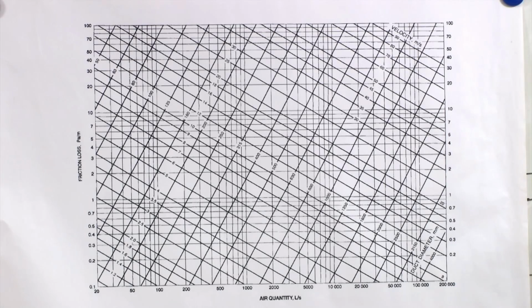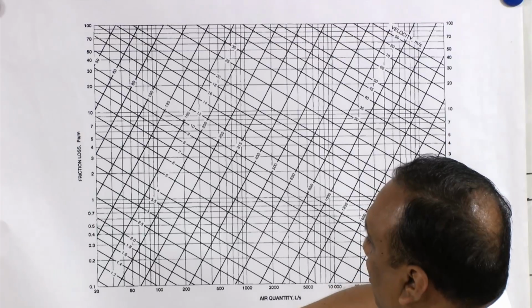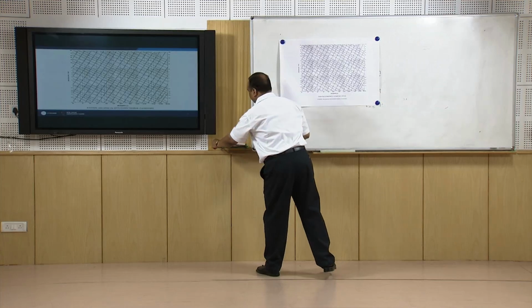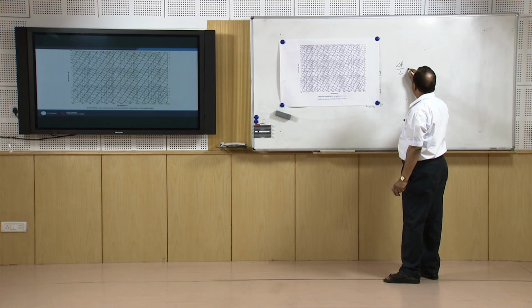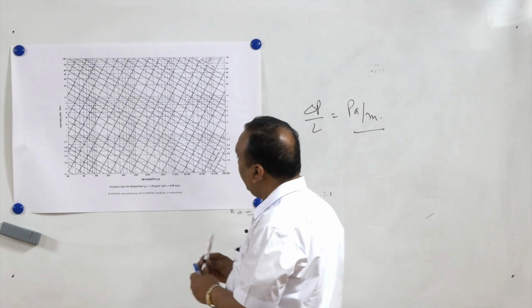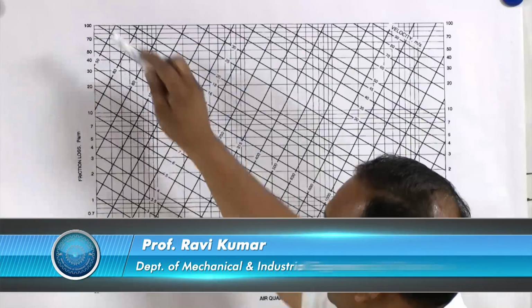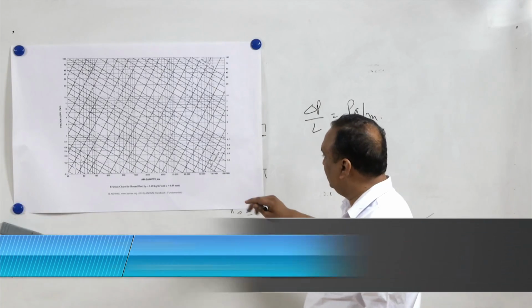On the y-axis, friction losses, delta P by L, in Pascal per meter are given, starting from 0.1 Pascal per meter to 100 Pascal per meter. 100 Pascal per meter is a very high friction loss. Similarly, 2 lakh liters per second is also a very high discharge rate.